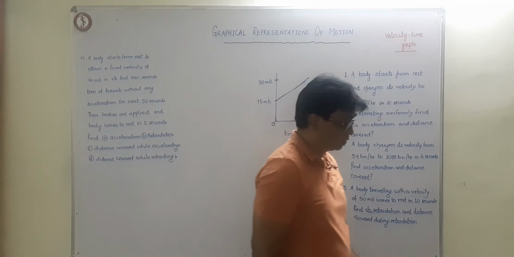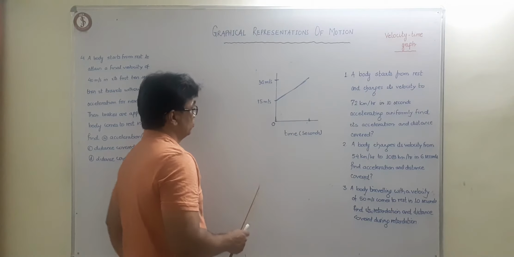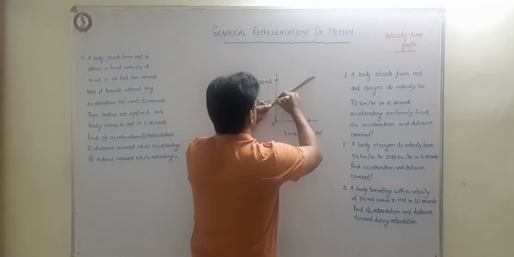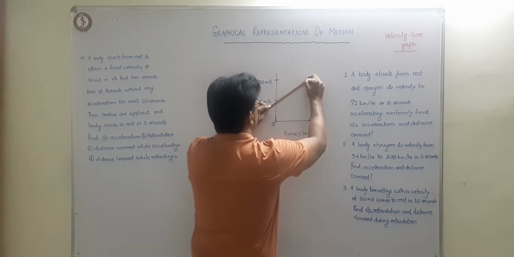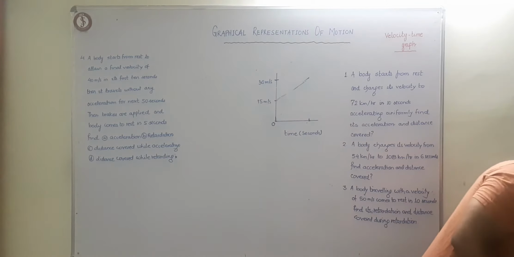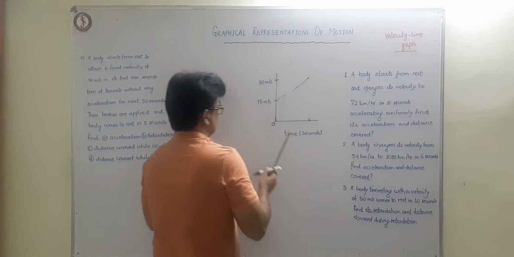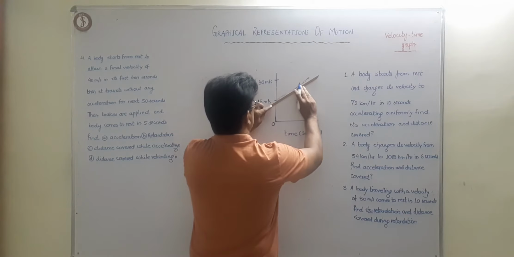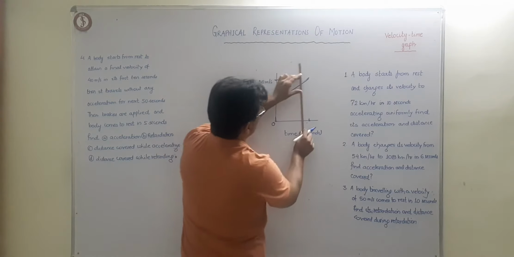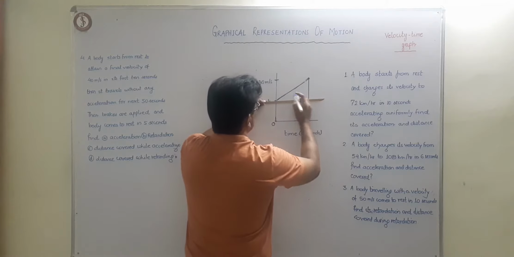Acceleration means slope. Slope means I have to make a triangle, so I drop a perpendicular from where the initial velocity starts.